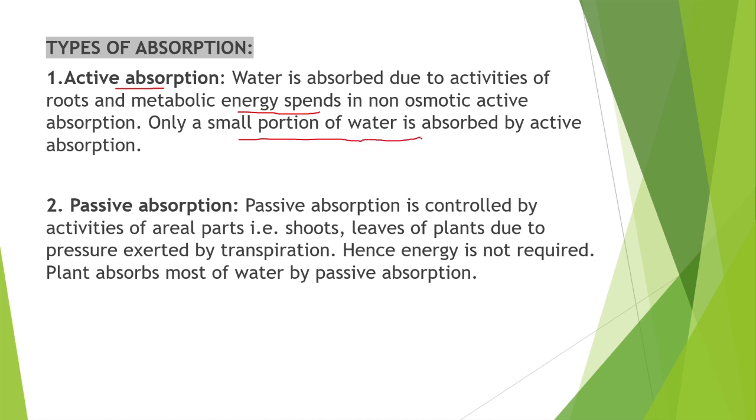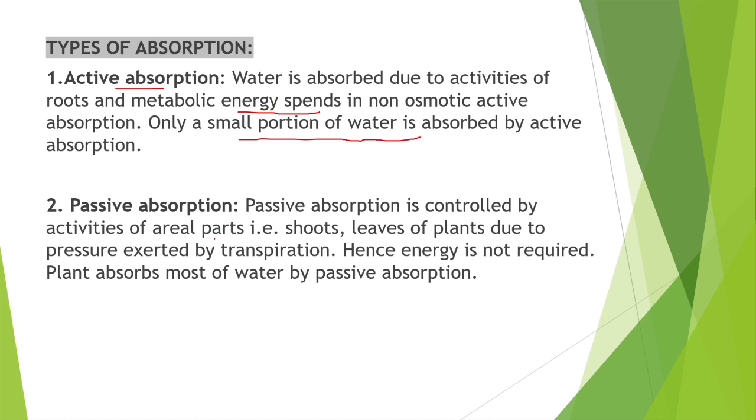Only a small portion of water is absorbed by active absorption, and most of the water is absorbed by passive absorption, where there is no need of energy. Passive absorption is controlled by the activities of aerial parts like shoots and leaves of the plant, due to the pressure exerted by transpiration.